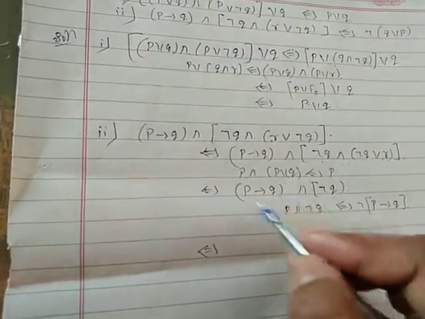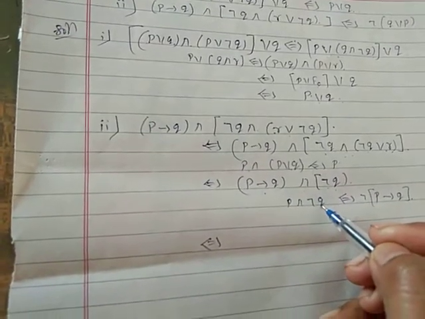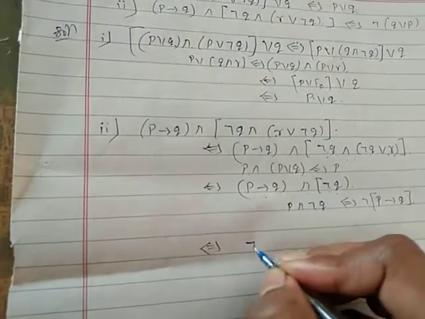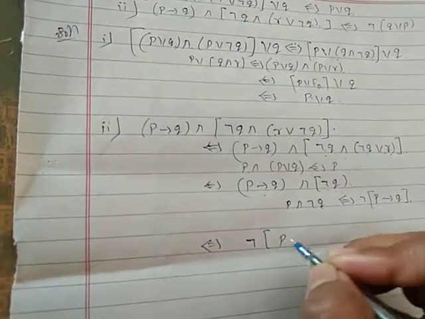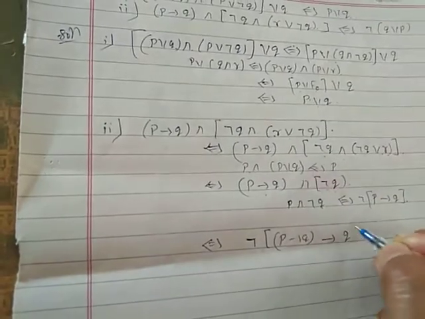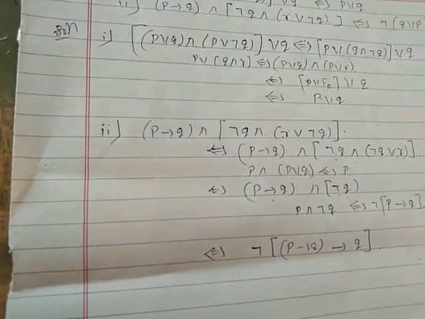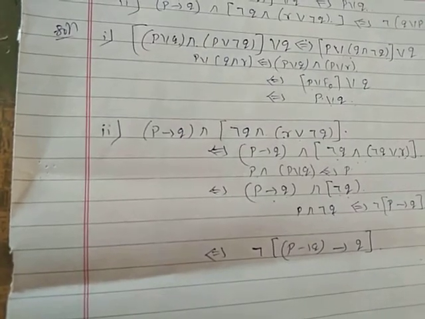So instead of P, here it is P implies Q. Instead of negation of Q, here it is a Q. So negation of (P implies Q) implies Q.